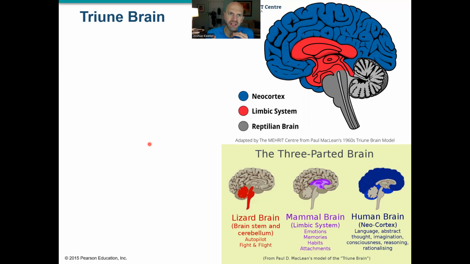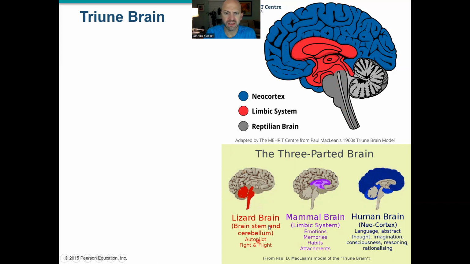Okay, if you hear triune or tripartite or three-parted brain or reptilian brain, those are all coming to the same concept. And that is the most fundamental core processing ability of the brain is located in the brain stem. The brain stem in this upper figure is indicated in gray, and this yellowish box here, it's indicated in red.